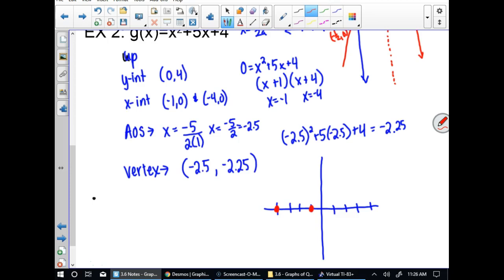I have a y-intercept at 4 over here. I have an axis of symmetry at -2.5. I will have the vertex at -2.5, -2.25, so maybe somewhere about right here. And this opens up, so if I graph this, it'll look like this.